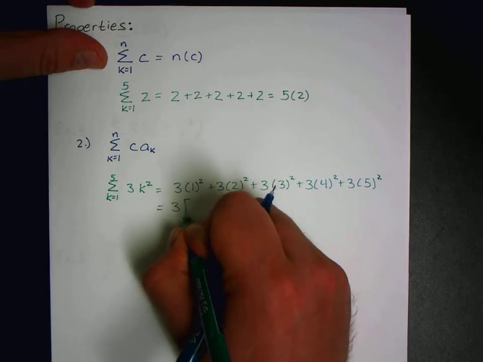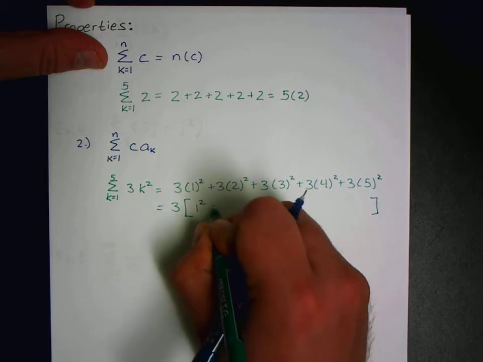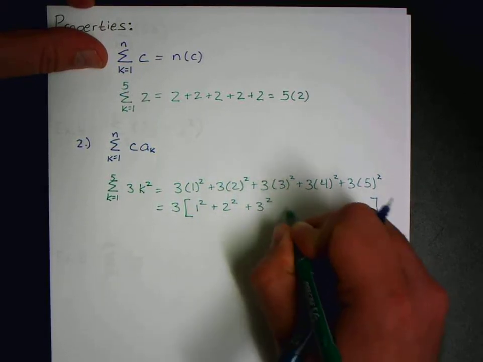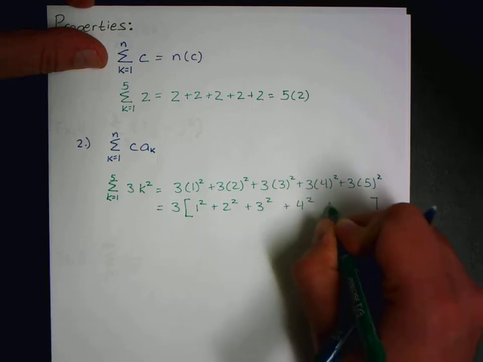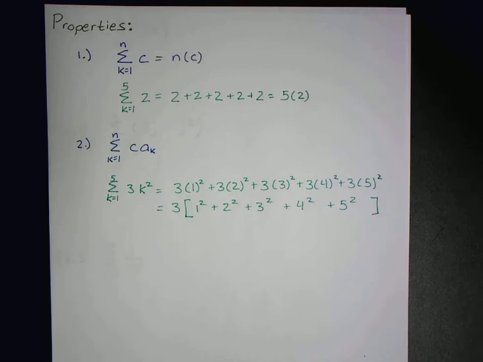So instead, what I could do now, it seems ridiculous after I've written it all out to write it like this, but remember, we're trying to create our property. Since they all have a 3 involved, I could pull that 3 out into the front.